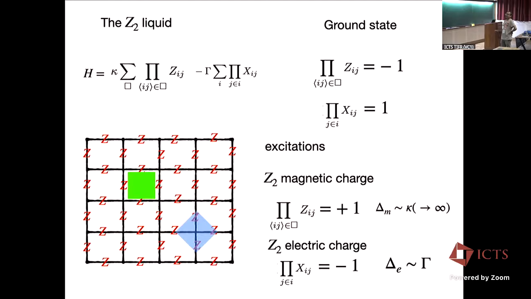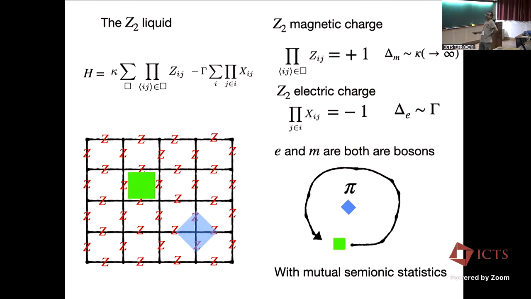In particular, the product of Z excitations behave like magnetic charge, and the X excitations behave as an electric charge, which is fairly easy to see by taking a Z excitation around an X excitation, and you would see that they see each other as a source of pi flux, just as you would expect from an Aharonov-Bohm effect.